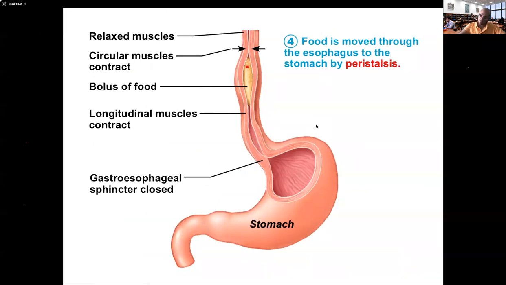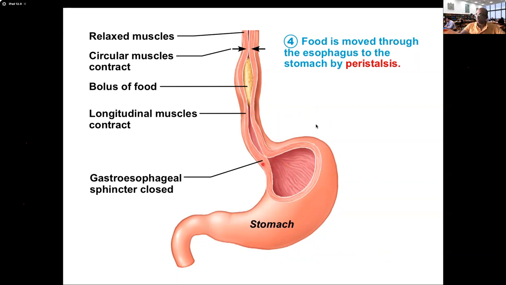This mechanism takes place again, if you remember: contract behind, relax in front, contract behind, relax in front. This is what we've called peristalsis. Peristalsis allows the food bolus to move down through the length of the esophagus towards the stomach.